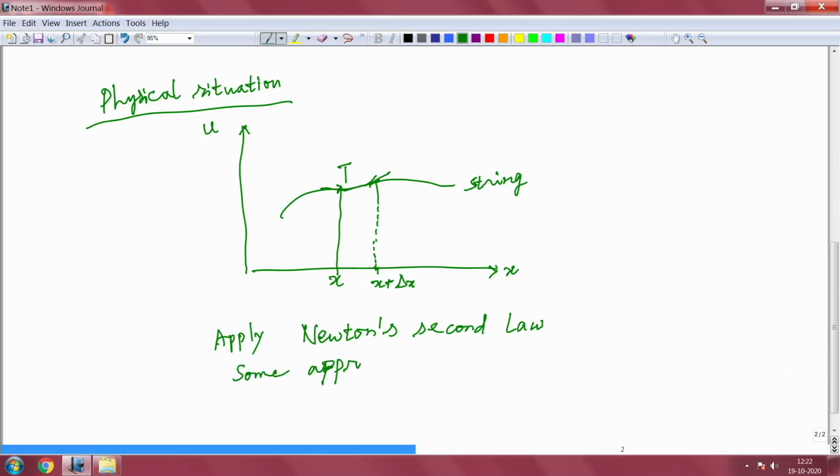It is important that while applying Newton's second law, some approximations are made, which you can see in our book on PDE. These are approximations regarding small oscillations, so this is not valid for large oscillations.